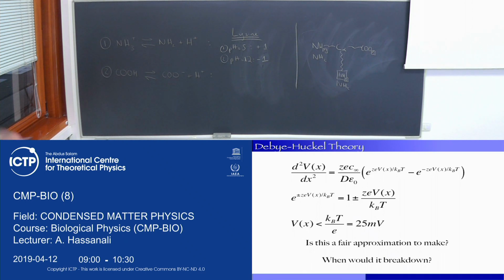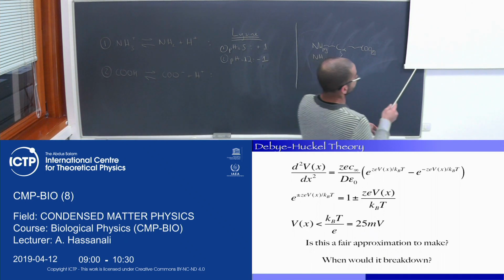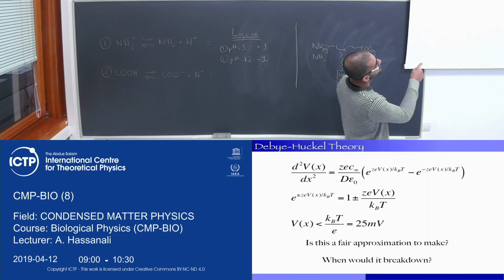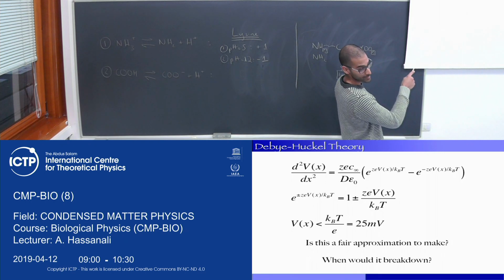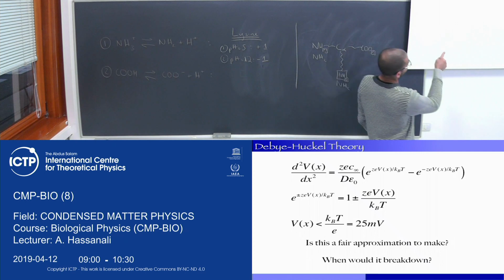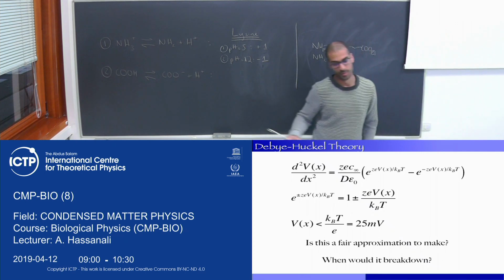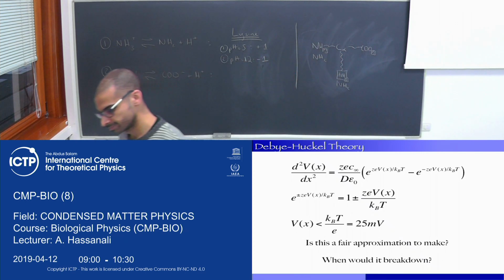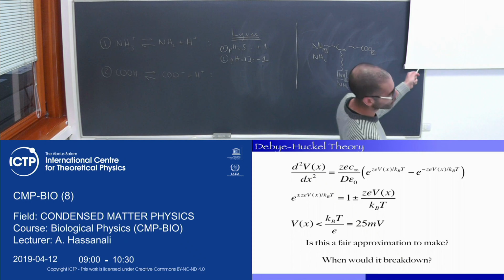And it only holds if the potential V is less than thermal energy. Now we have to think about, in the biological systems that we have in mind, in the energy and length scales that we talked about, the four scales, is this a fair approximation to make?